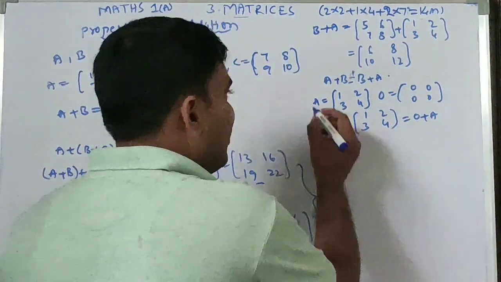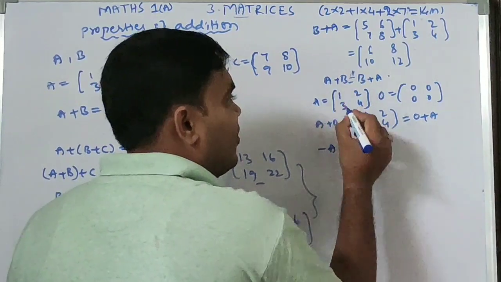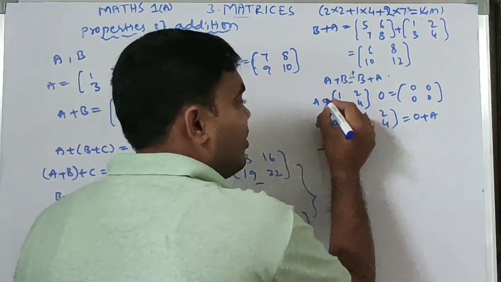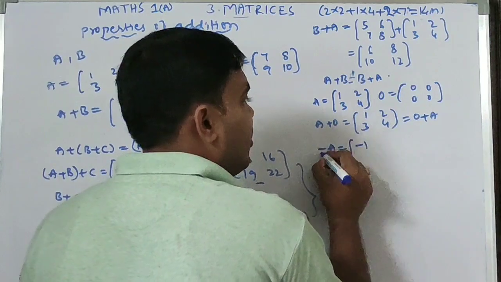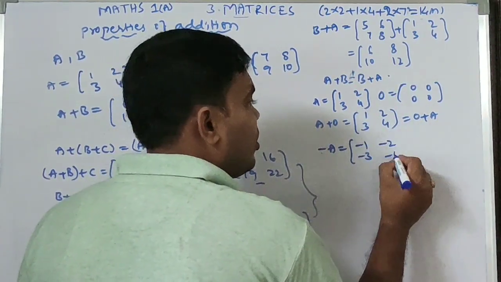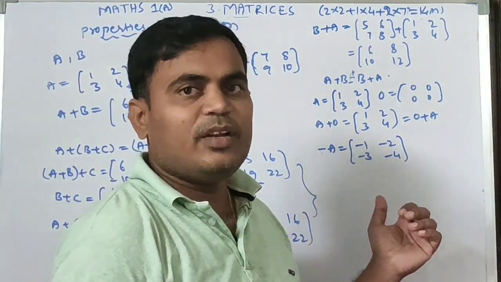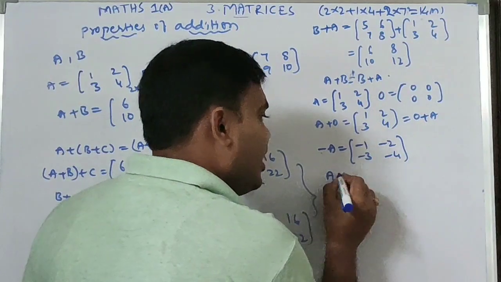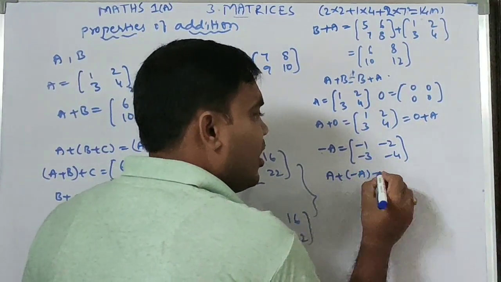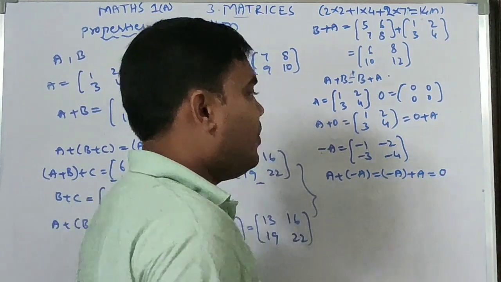Next, if A is the matrix, I want to take minus A, using scalar multiplication: minus 1 times 1 is minus 1, minus 1 times 2 is minus 2, minus 3, minus 4. So minus A is the additive inverse. A plus (minus A) or minus A plus A equals 0, the null matrix.